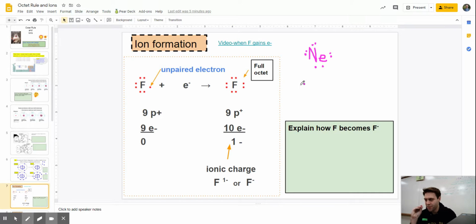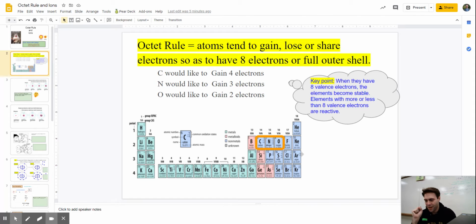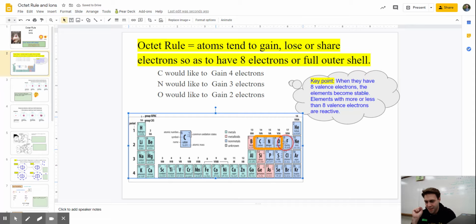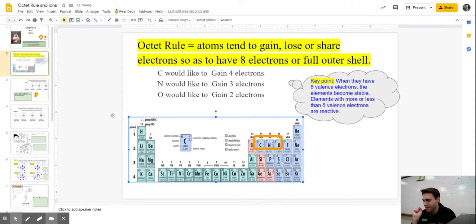Okay. So fluorine on the periodic table has a charge of 0. Okay. How do you know this? Well, fluorine has the atomic number of, where you can't really see that. It's covered by this. There we go. Fluorine has the atomic number of 9. Okay, it's right here. You can see that there. Fluorine has the atomic number of 9, which means it has 9 protons.